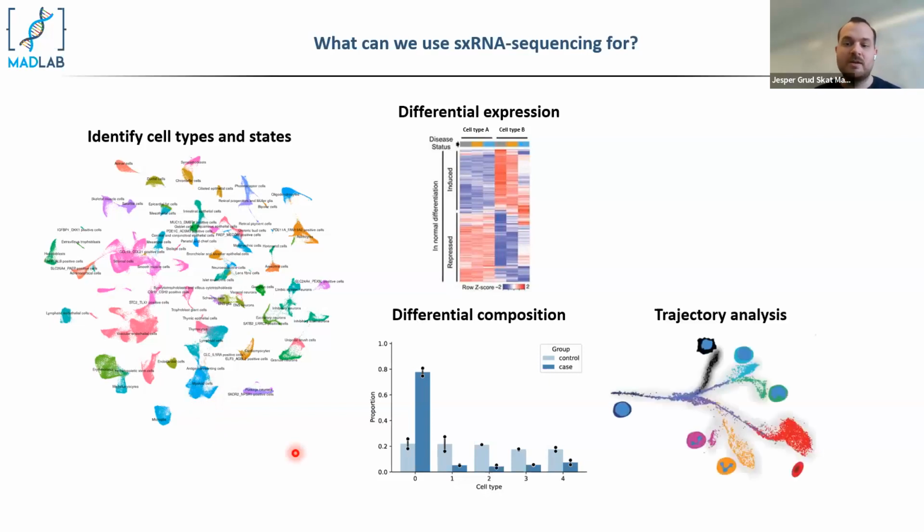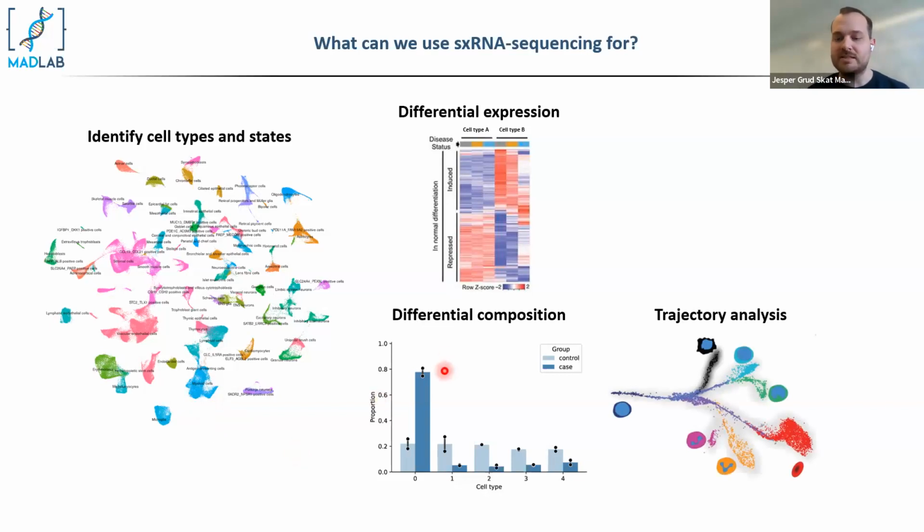We can also order cells according to their similarity and see how they develop in trajectory analysis. That can be a response to drugs. It can also be differentiation or general developmental processes.